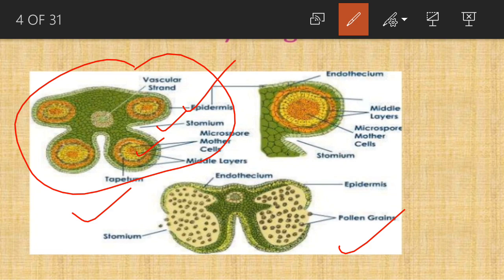First the epidermis, the outer covering of the anther, then endothecium, then the middle layers, then after the middle layers there is the tapetum, then the microspore mother cells. When the anther matures and dries, dehiscence occurs by means of the stomium and pollen grains are released.